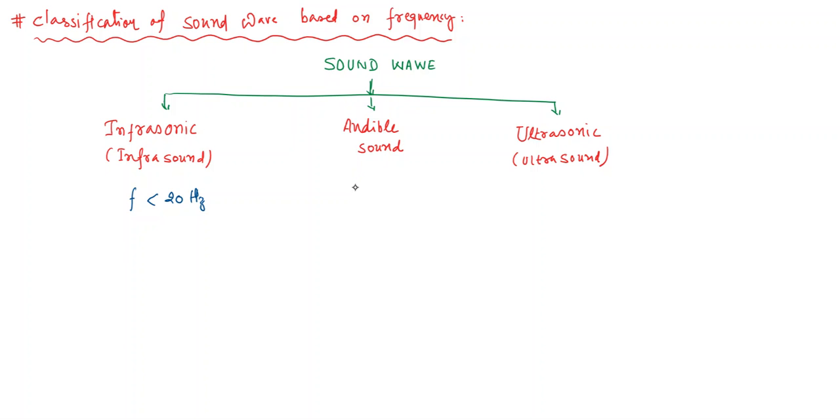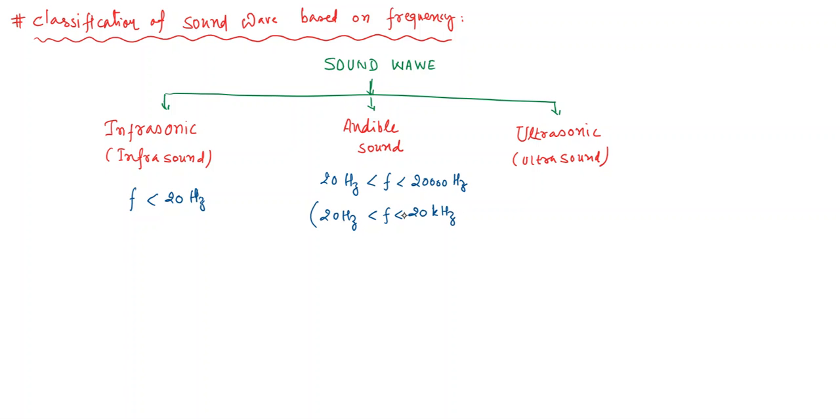The audible sound is the sound to which the human ear is sensitive. The range of frequency that humans can hear is what we call audible. So the audible frequency range is between 20 hertz to 20,000 hertz, or we can say 20 hertz to 20 kilohertz.